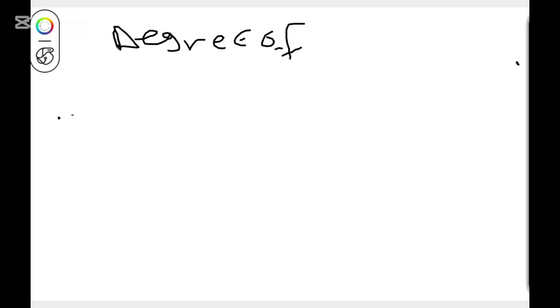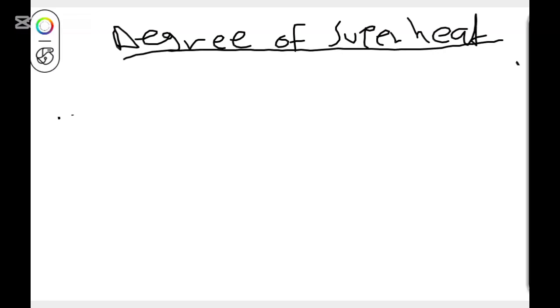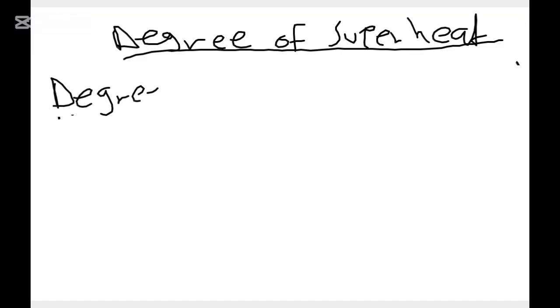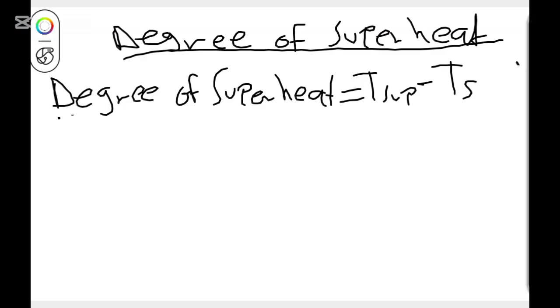And we have the degree of superheat. The degree of superheat formula is the same thing as T superheated, the superheated temperature, minus the saturation temperature.